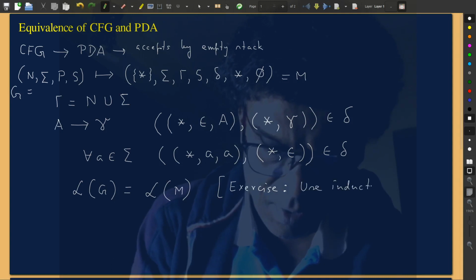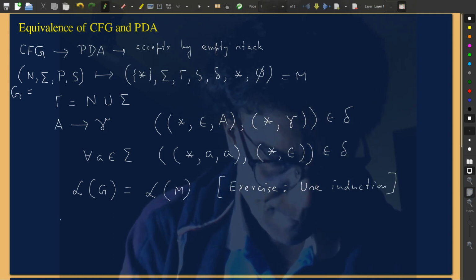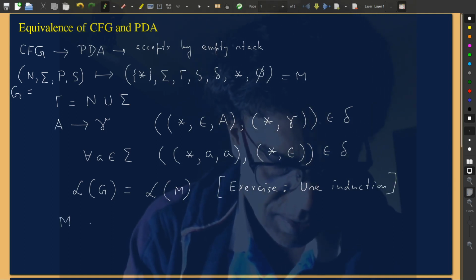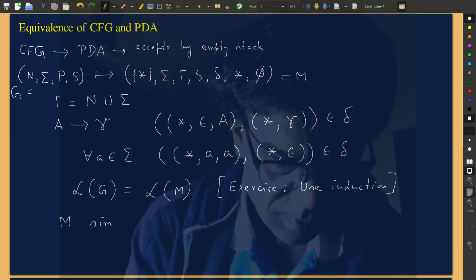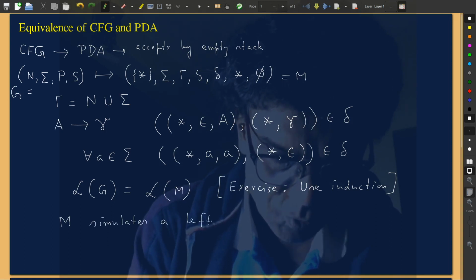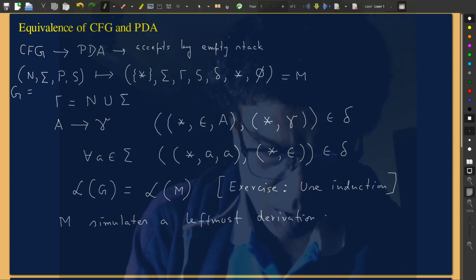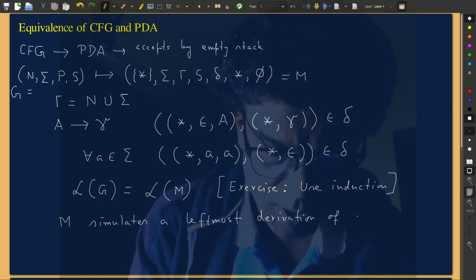But in an example, I will show that this machine M essentially simulates a leftmost derivation of some x in this language.